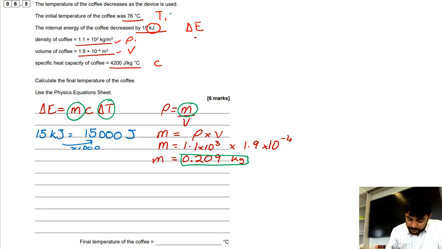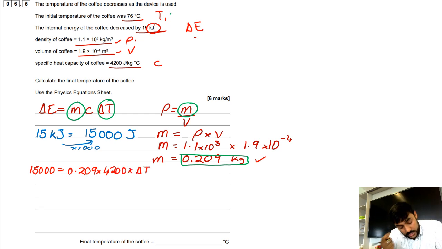Next, change in energy: 15,000 equals mass, which is 0.209, times by specific heat capacity, which is 4,200, times by change in temperature.